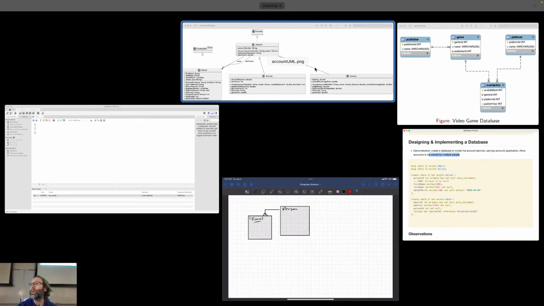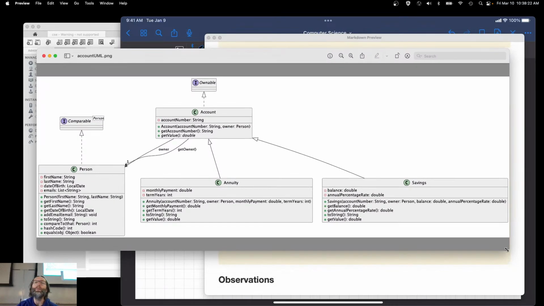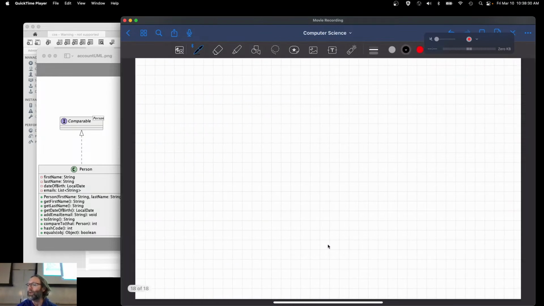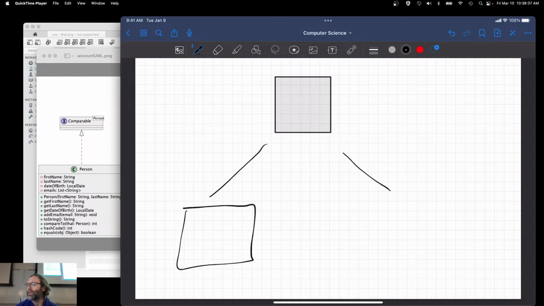So let's take a look at the UML diagram here and think about this. Well, if I just went with a straight-up copy of this UML diagram, where we've got an account, an annuity, and a savings account, I might come up with a sketch that looks something like this, where I've got a table for annuities, and then another table over here for savings.